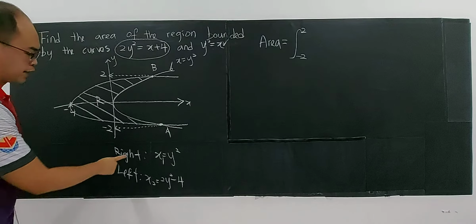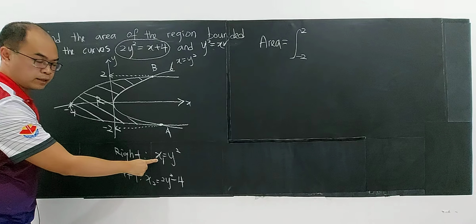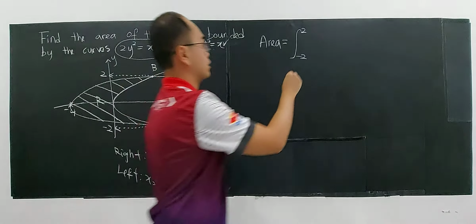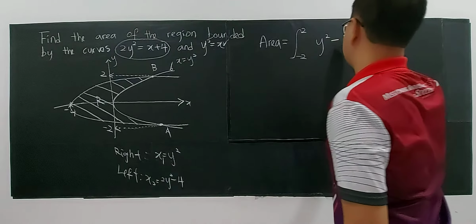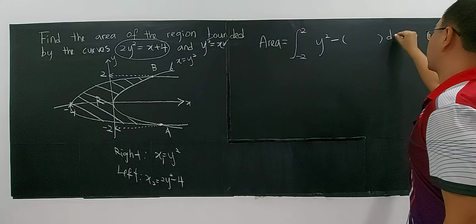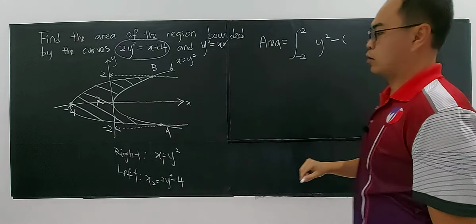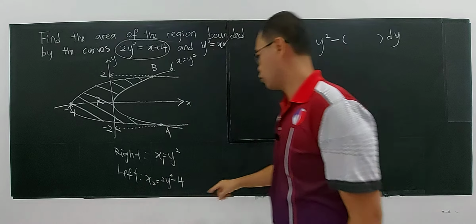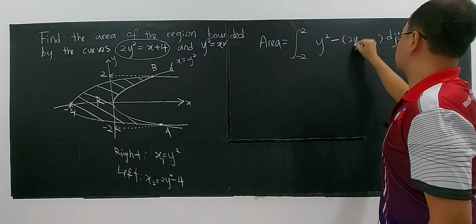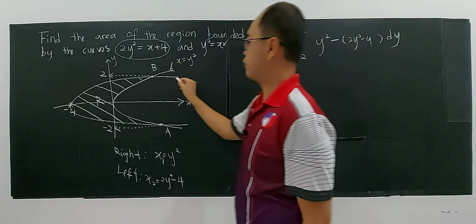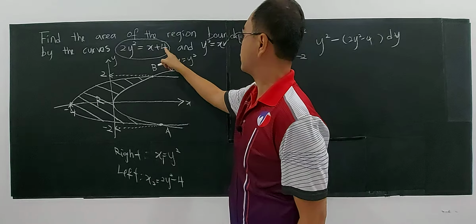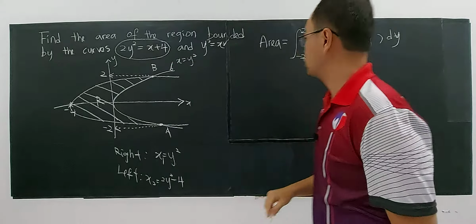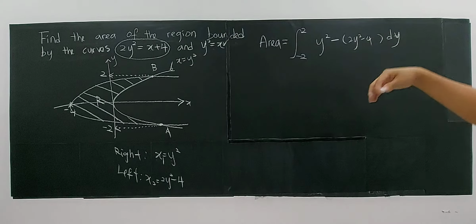And who is on the right? x1, which is y squared. So I write y squared minus the one on the left, dy. On the left is 2y squared minus 4, right? This curve is named x equals 2y squared minus 4. So, okay, that's all, very easy.